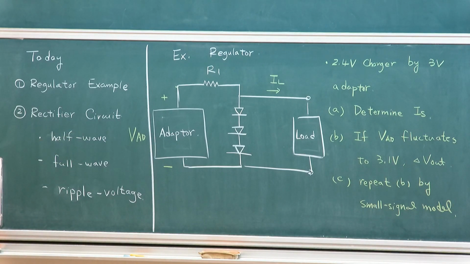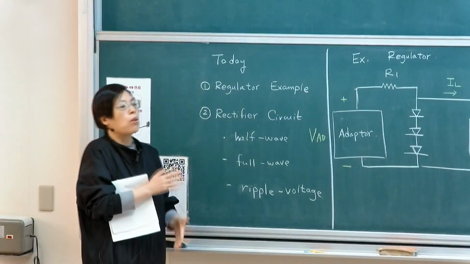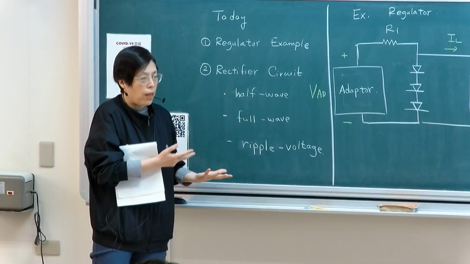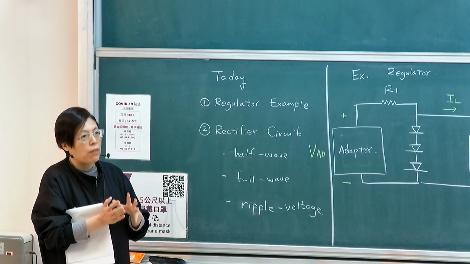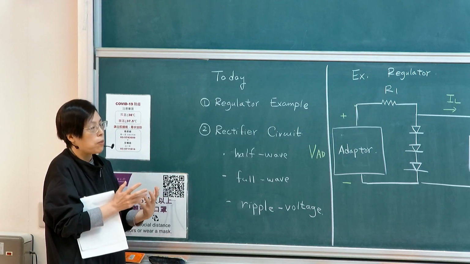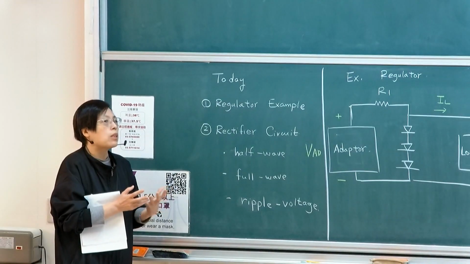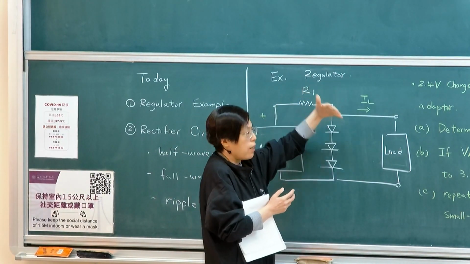The other is that when it turns on, it looks like a voltage source. A voltage source will just give you a flat voltage no matter what current you need to provide. It's not necessarily ideal as a voltage source, but it's close to one. So we use that feature to create a stable DC source.